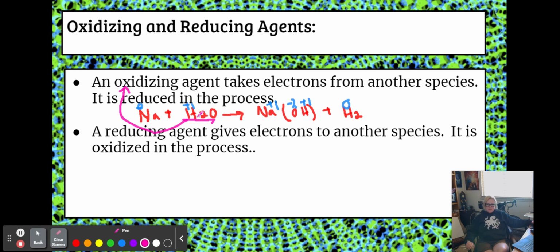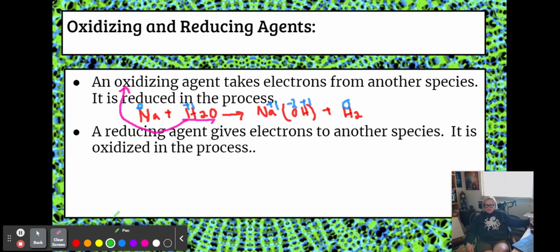The oxidizing agent takes the electrons from the species, and in the process, the oxidizing agent is being reduced. So whatever's being reduced is the oxidizing agent. On the flip side, sodium is going to be your reducing agent, because it's giving the electrons to the hydrogen.